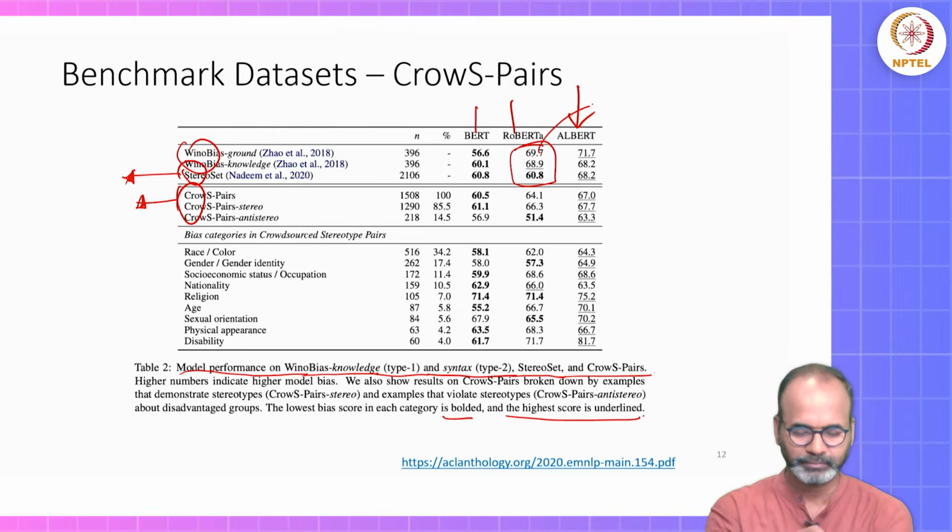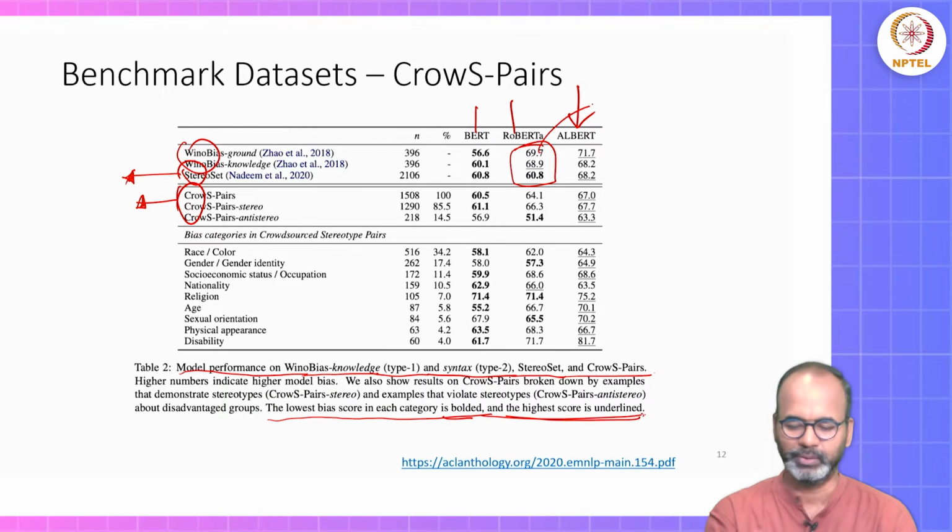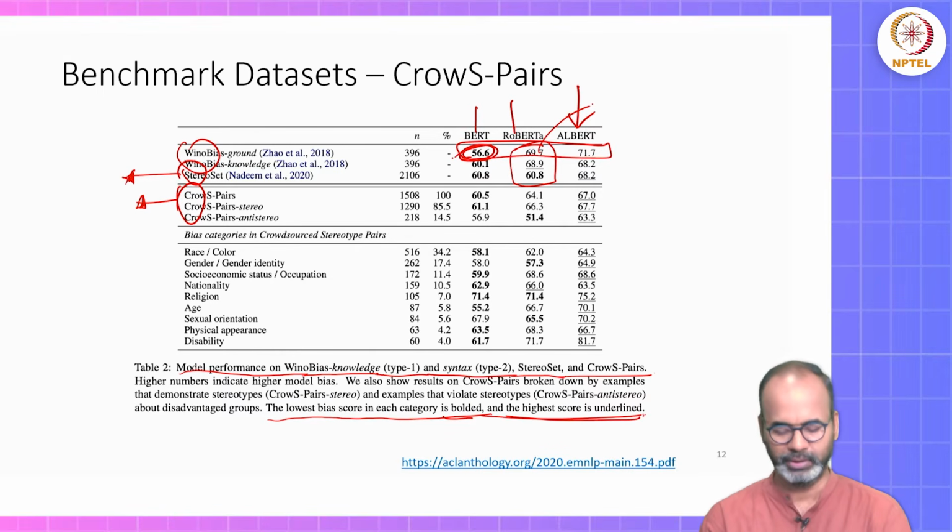Right. So if you see, the lowest bias score in each category is bolded. The lowest bias score in each of these categories, that is 56.6, is bolded, and the highest score is underlined. Highest score is 68.9. Here it is underlined.